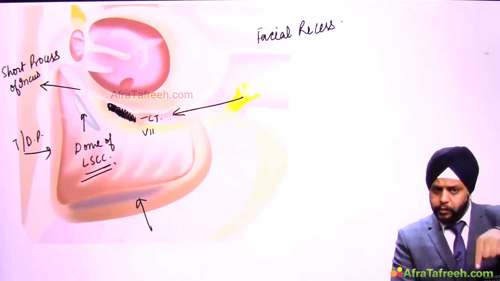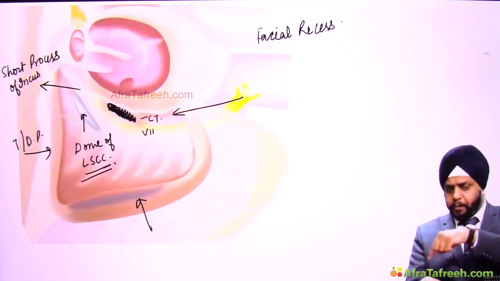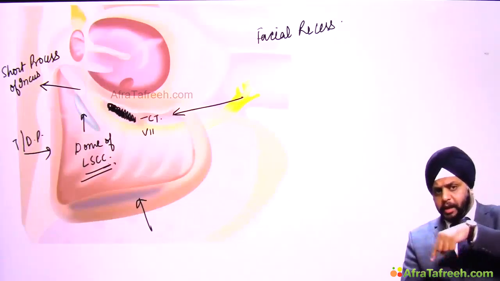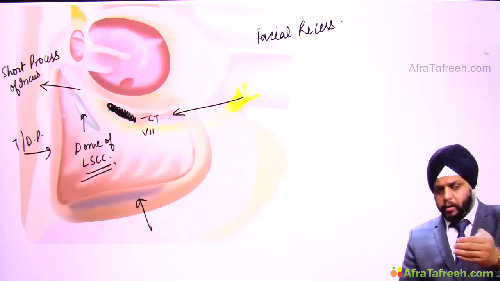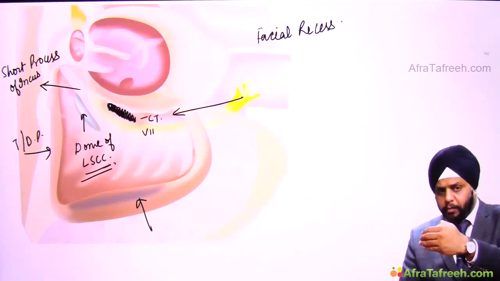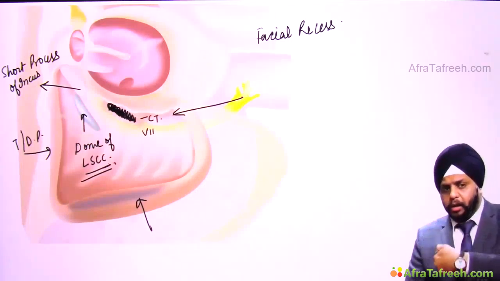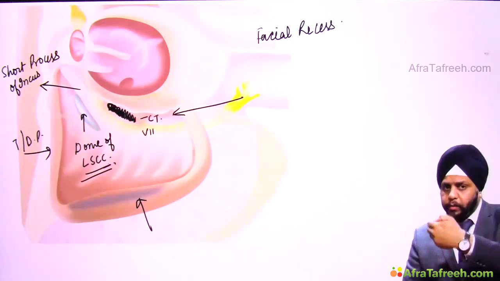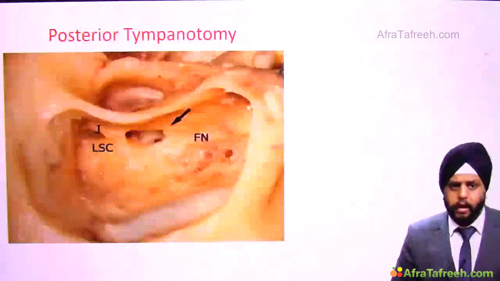It forms a curve. A part of that dome is in the middle ear, and a part of that dome is in the antrum, in the mastoid process. Okay, remember that.